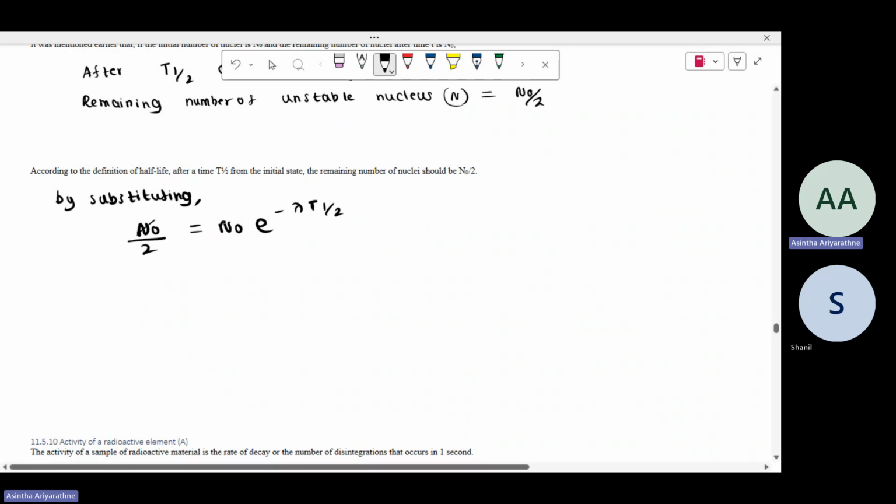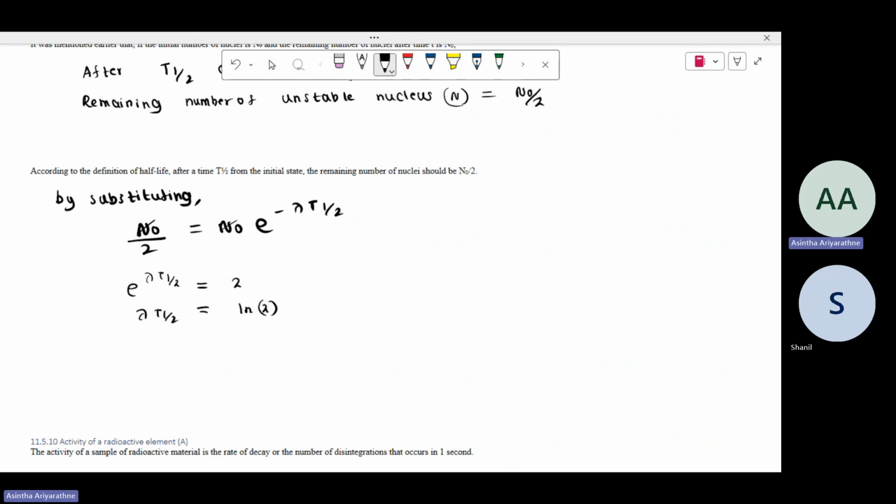Then this gets cancelled out, and so what do we have? e to the power lambda t half is equal to 2. Then by taking the natural logarithm, we can get lambda into t half is ln 2.